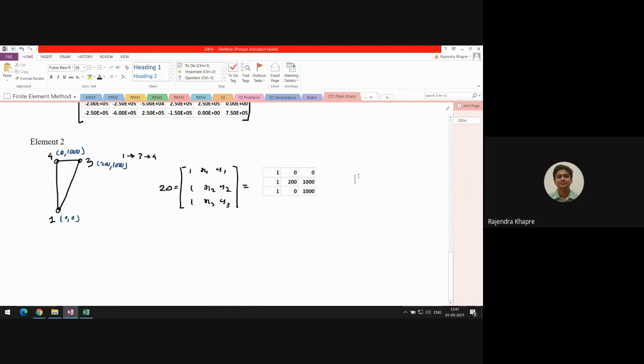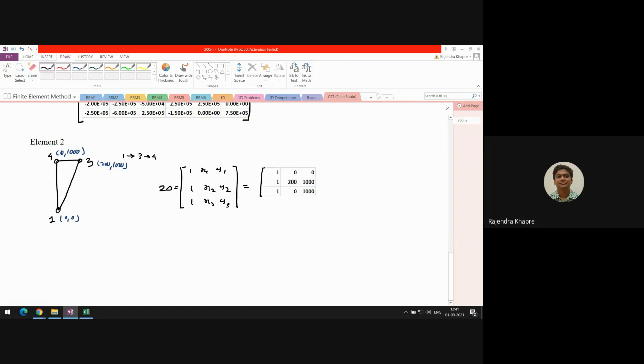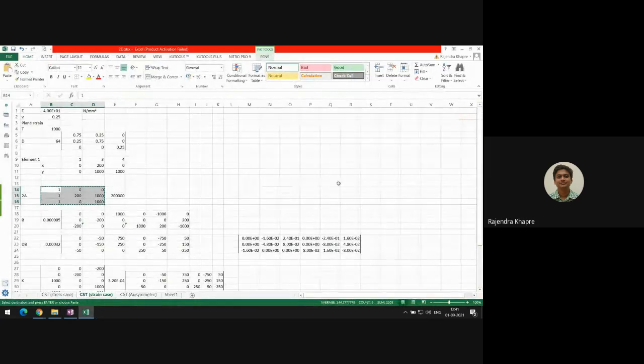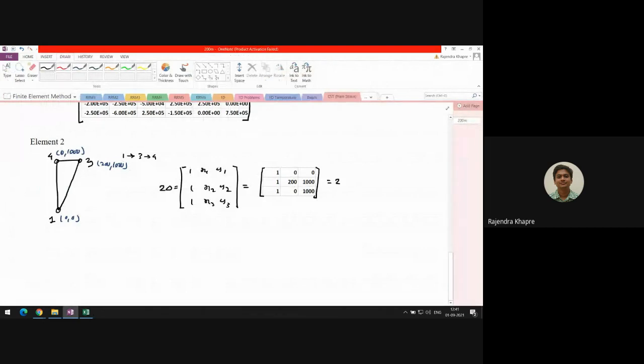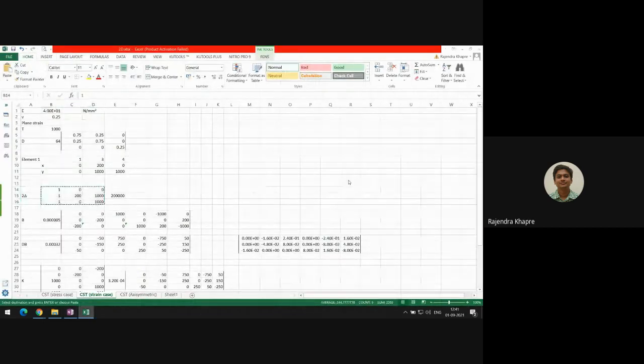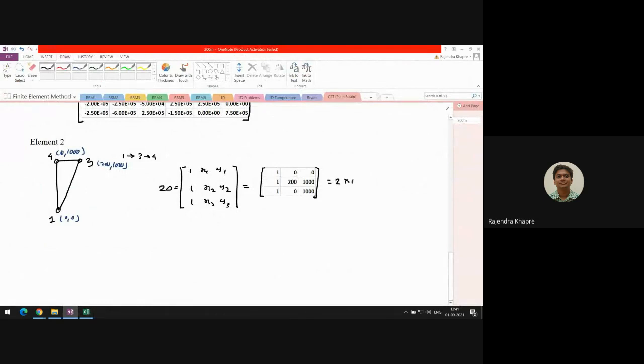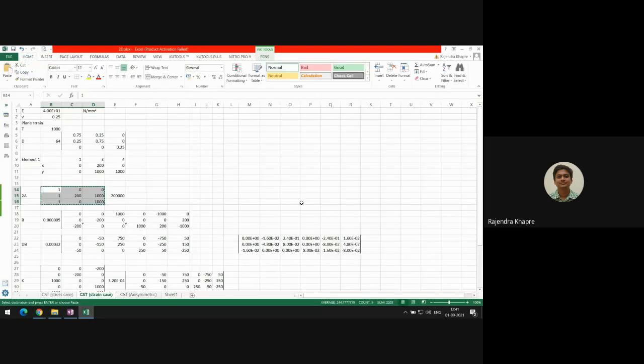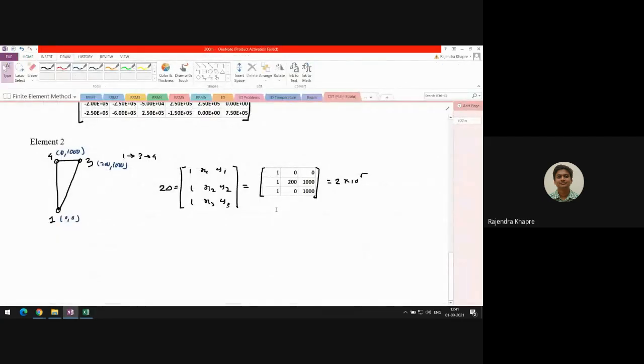If you take the determinant of this matrix, it is coming out to be 2 into 10 to the power 5, which is just 200 into 1000. That's it. Now accordingly we can get the value of B also.